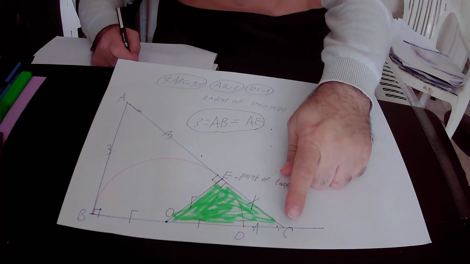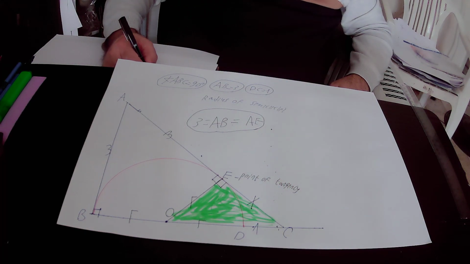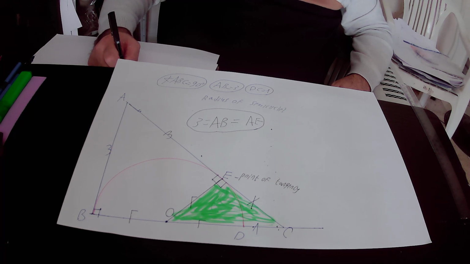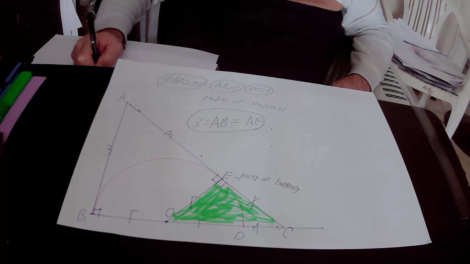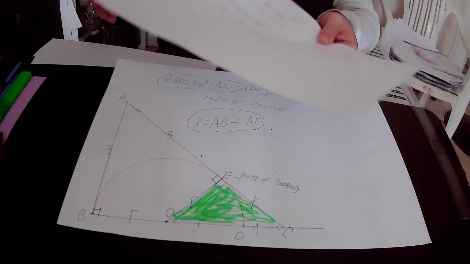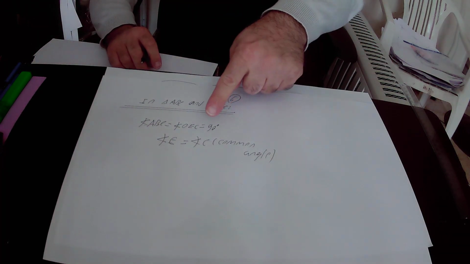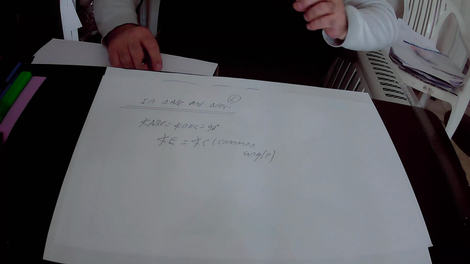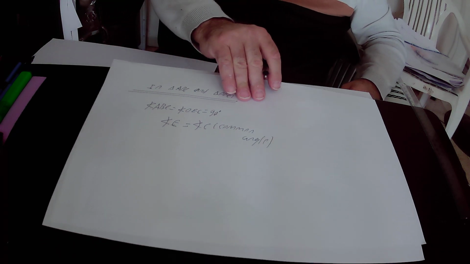So we can write down that angle C equals angle C as a common angle that belongs to both triangles.